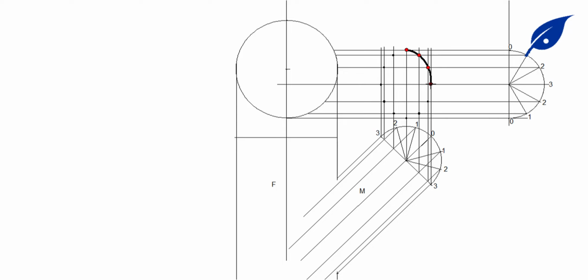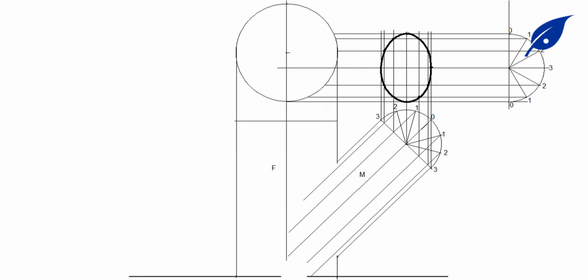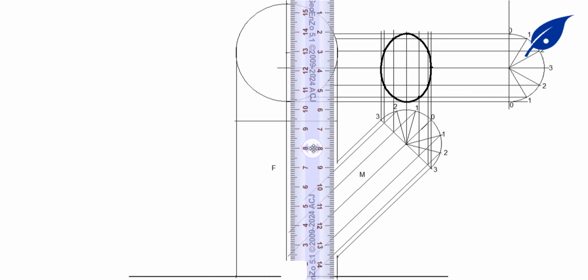We mark each of those points, and after doing that we'll connect them using the required tool, which is the French curve or the flexible curve. Then we'll have this ellipse, which is the top view of the face of the cylinder M.